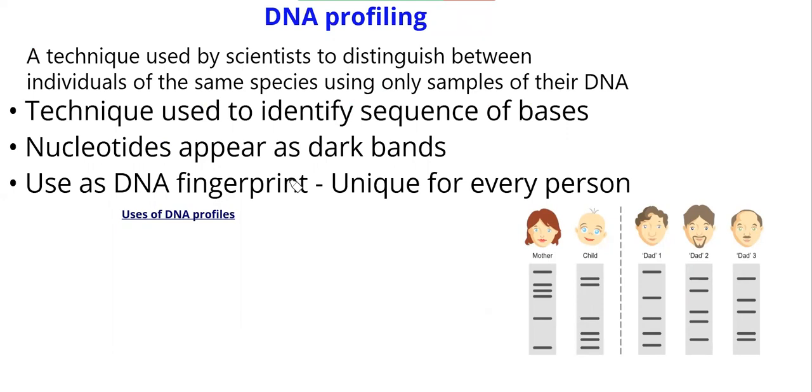If you're looking for your father or your family, you can do a DNA test. Those DNA tests show you who you are related to, and they can also identify an individual during crimes.